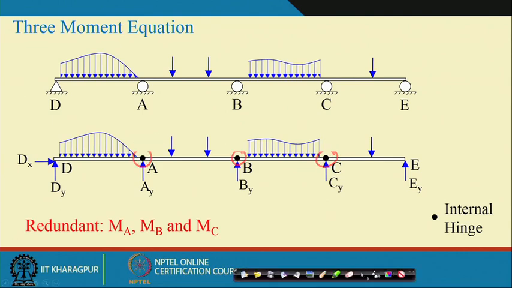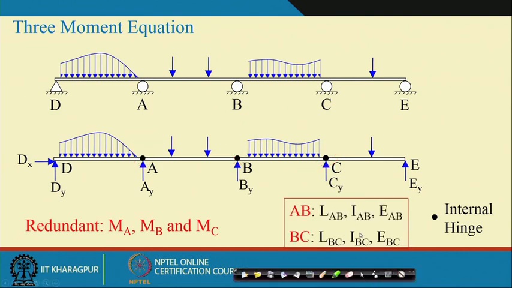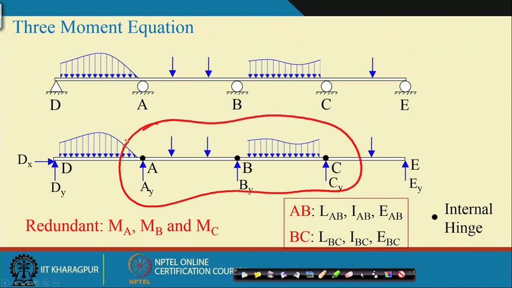Now, once we have taken moments M A, M B, M C, let us consider only this part. Because this part includes the moment at A, moment at B and moment at C, and the three moment equation is essentially an equation which tells us how the moments at A, B and C are related to each other.